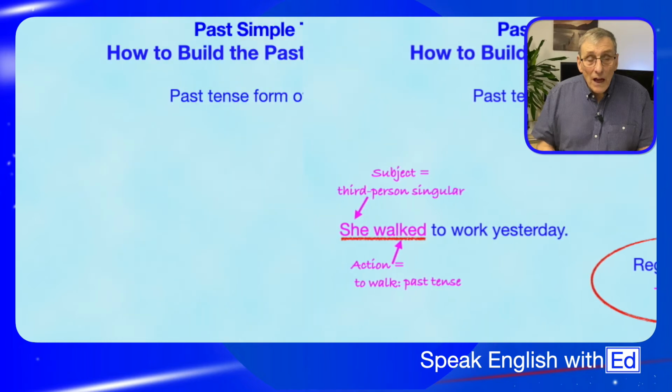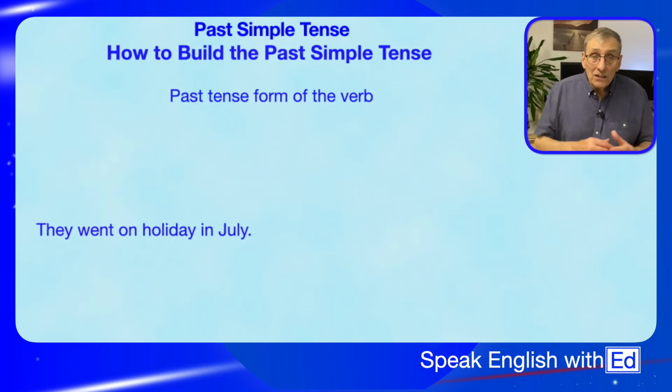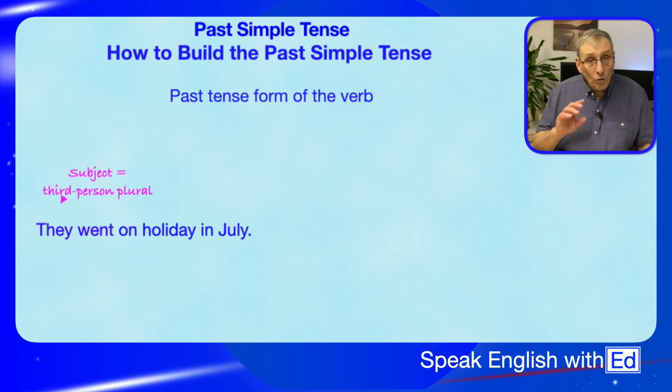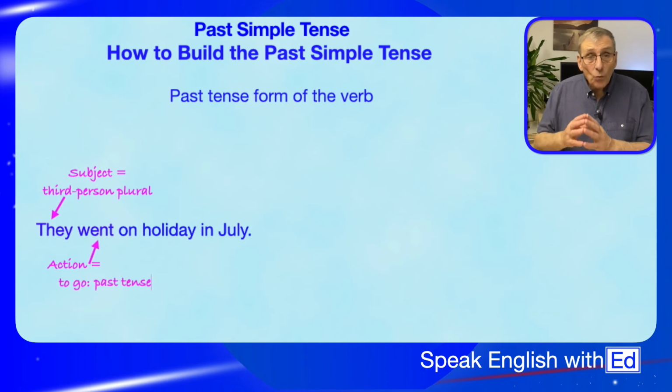So the next one, they went on holiday in July. Now they, in this case, is the subject, and they is third person plural. There's more than one they. The action verb here is to go. The past tense form of go is went. Why? Do you remember?